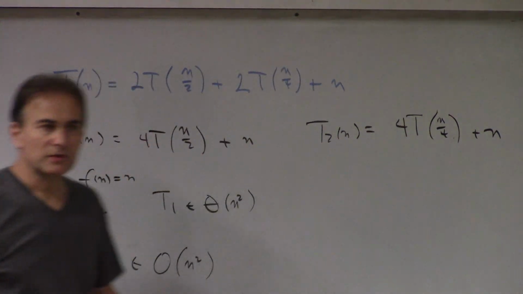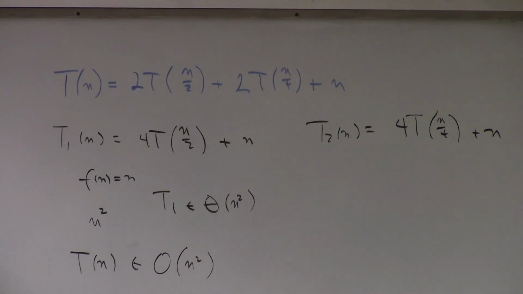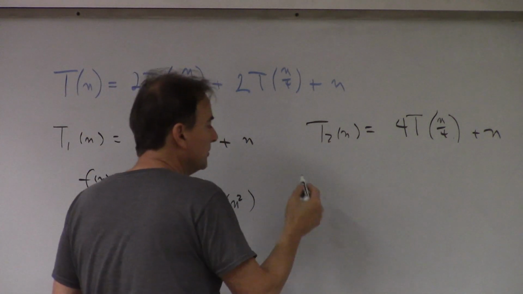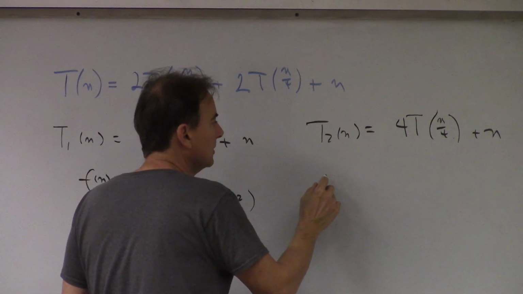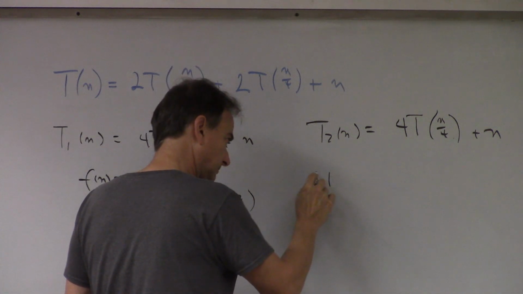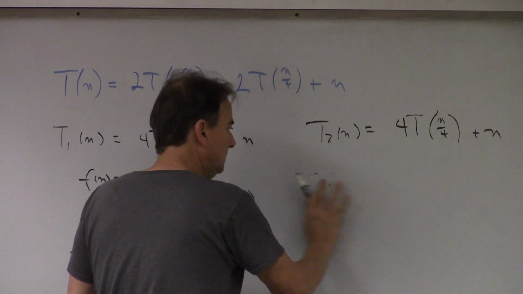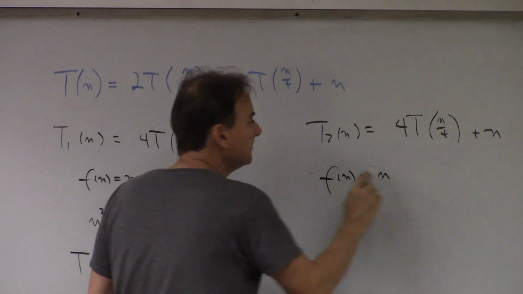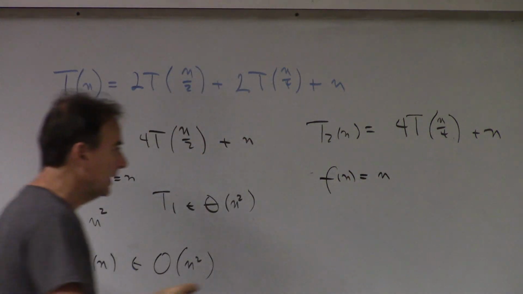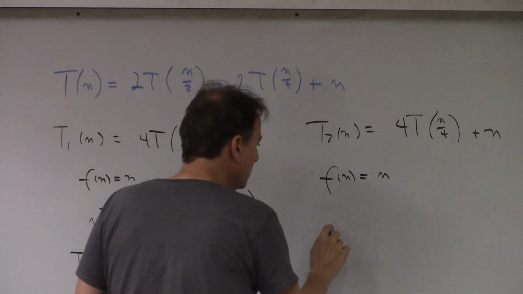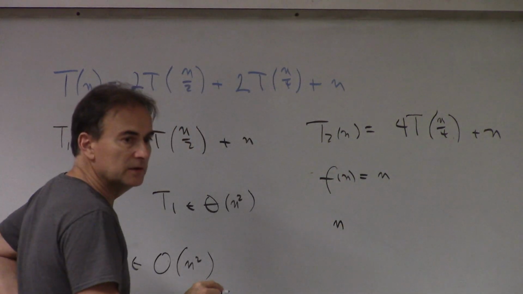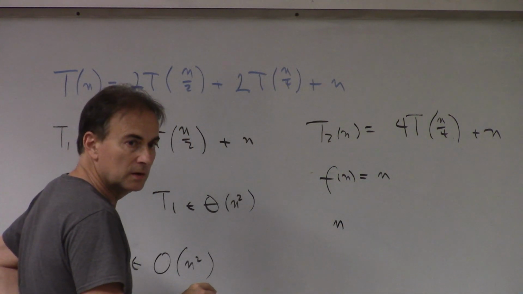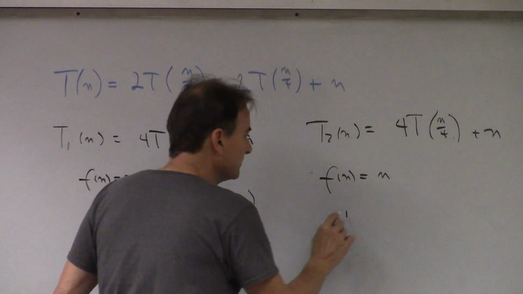So now we have created a lower bound using master theorem. Let's see what it gives us. It's applicable, so f of n is equal to n, and n to the log b of a is n to the log 4 of 4, which is n to the 1.